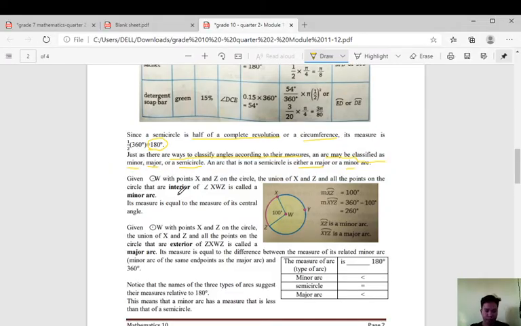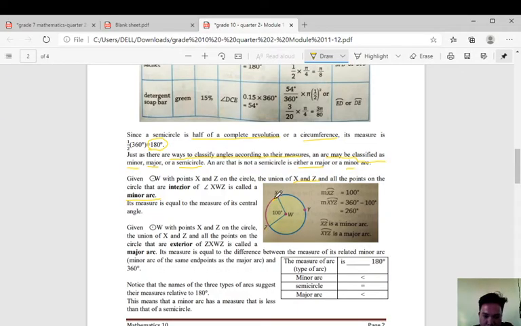So let's go first with the minor arc. Given circle W, as you can see in our picture on the right side, with points X and Z on the circle, the union of XZ and all the points on that circle that are interior of the angle XWZ is called a minor arc.